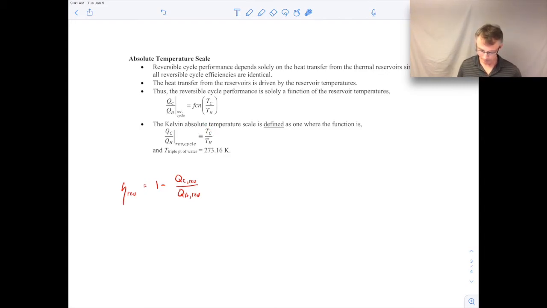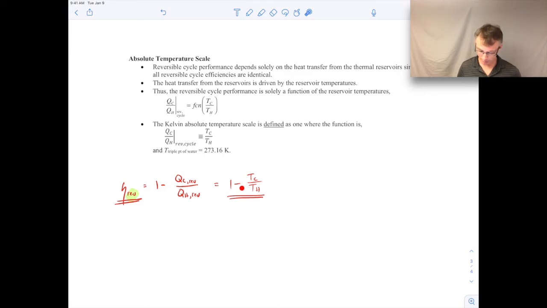Okay, so another interesting thing, getting back to this maximum thermal performance. Since we've defined our temperature scale like this, we can substitute in here, so this becomes TC over TH. You can see that our thermal efficiency for our power cycle, if it's a reversible one, and I'm going to highlight the reversible because that's really important, remember, this is the maximum efficiency that we can possibly get.